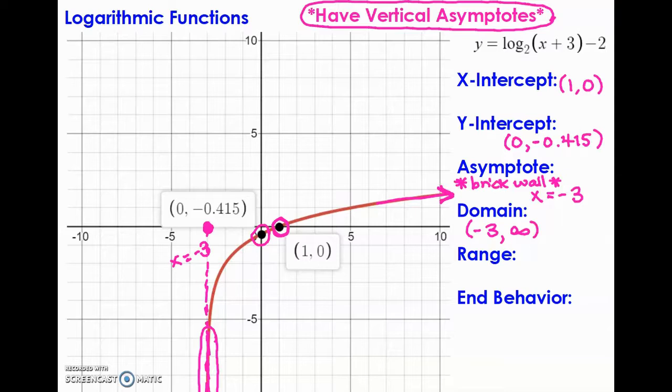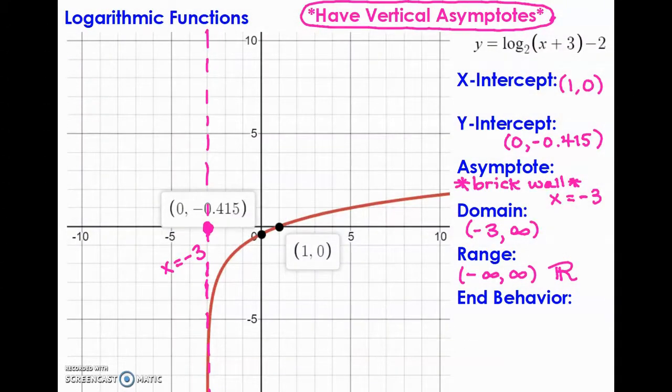For the range, though, it is going to be -infinity to infinity, all real numbers, anytime you have a log function. So that's another difference too. The range, as you see down here at the edge of our graph, is going way past that -10 to -infinity on the y when we look at the bottom of our graph. And then when we look at the top of our graph, this top point over here, it is approaching slowly but surely positive infinity on the y.